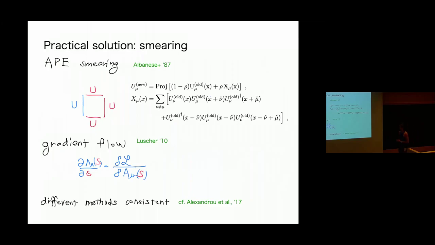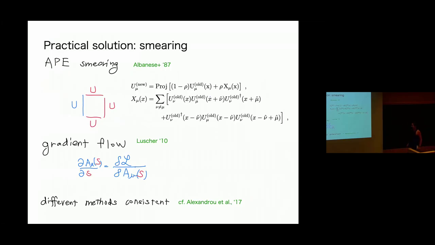For example, you compare a link with others around it and replace it by a value determined by its neighbors, so that you get along better with your neighbors. You talk to the neighbors and then decide what you're going to do. That's the smearing technique.